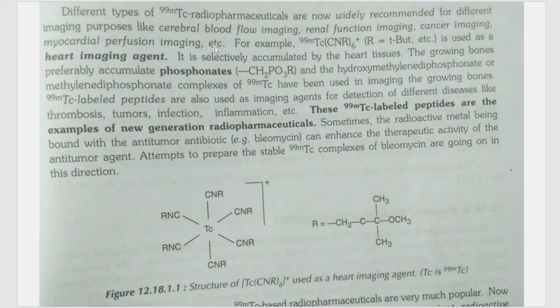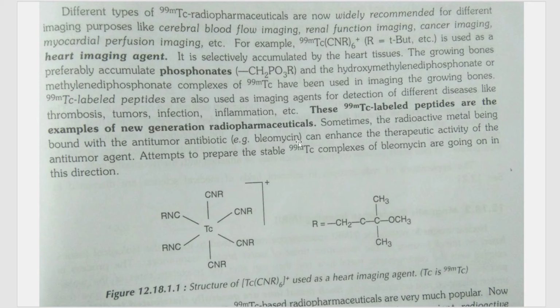Other than that, this isotope is also used along with anti-tumor antibiotics. What is an anti-tumor antibiotic? Any antibiotic that is sent into the body in order to treat a tumor present in the body. Its activity is enhanced when it is present with this radioactive metal, so it is incorporated into the anti-tumor antibiotic and then sent into the body.